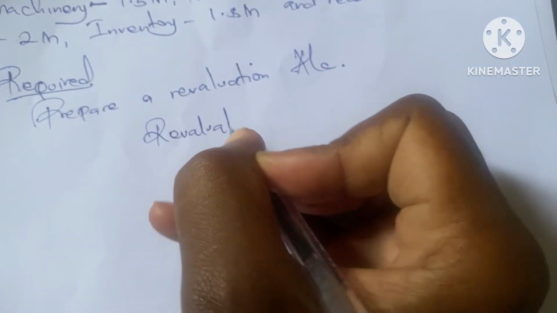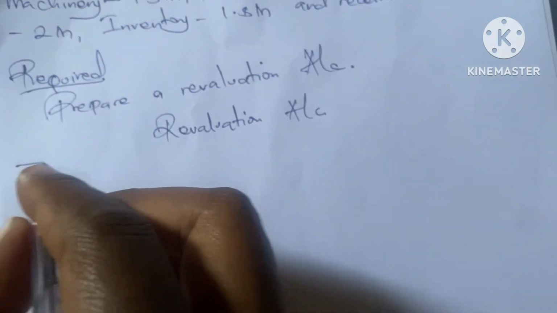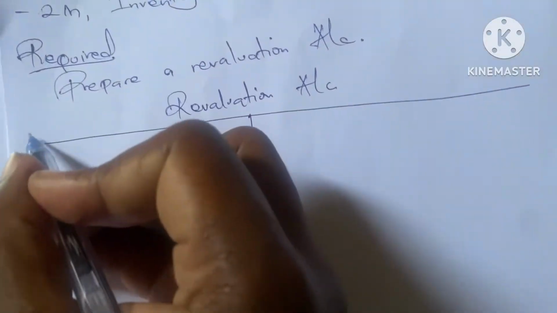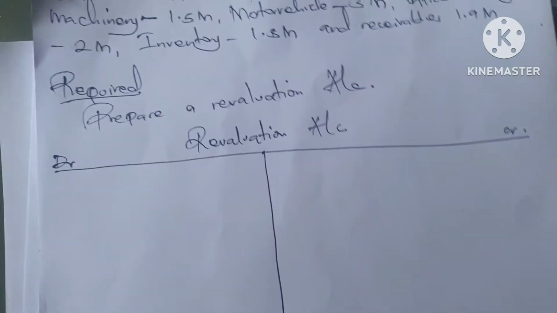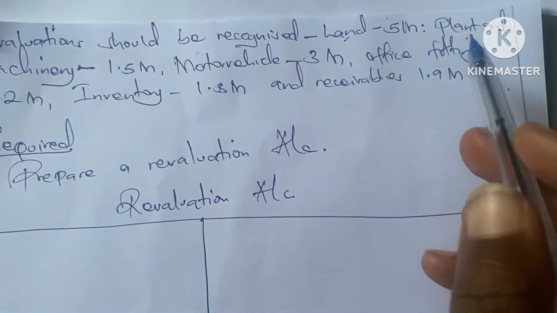So revaluation account. We debit and then credit. So the first one we have is land. Land is an asset.